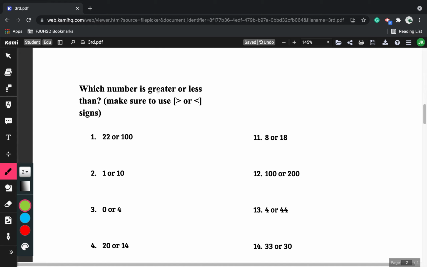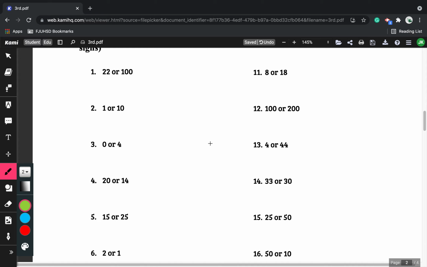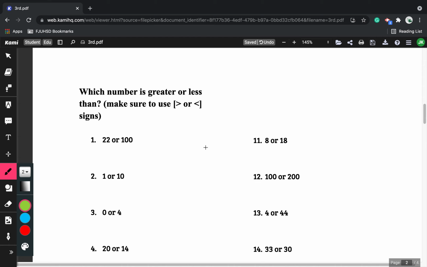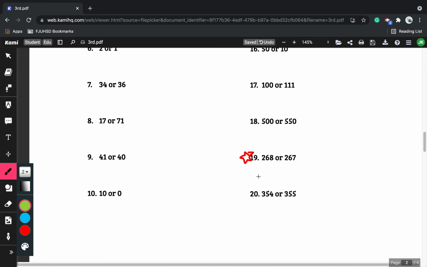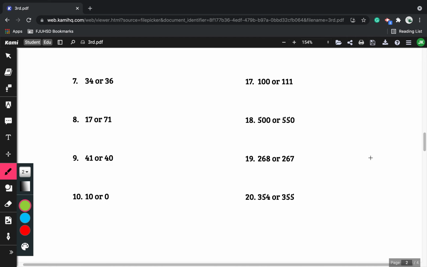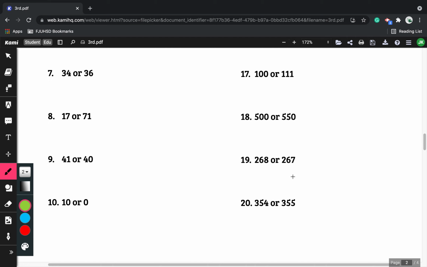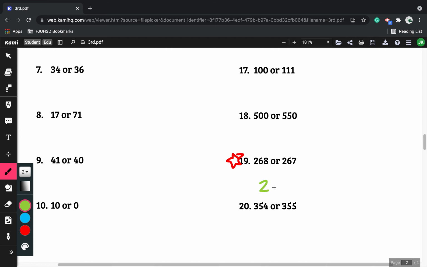Okay, page 2 says which number is greater or less than. Make sure to use the greater than or equal to sign. So what this is saying is, let's do this example. What I'll do is first write the numbers, and the mouth of the sign always goes to the bigger number.